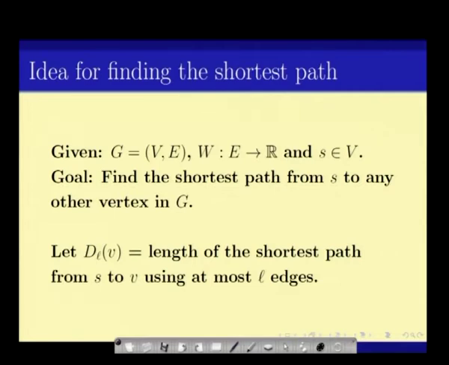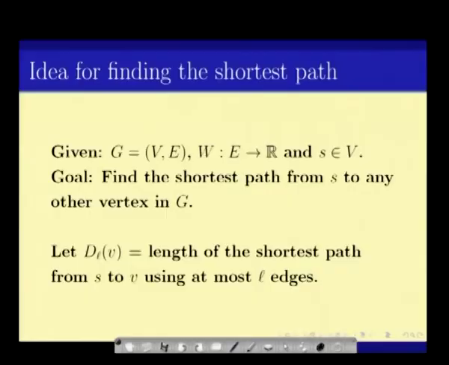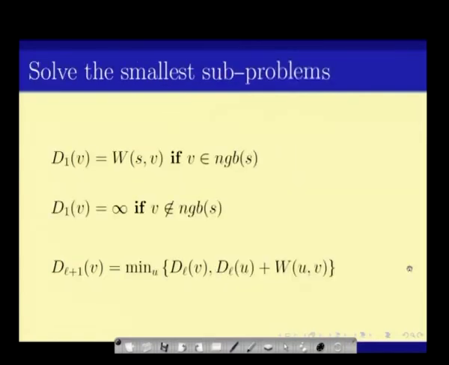Of course, what question are we asking in general? What we are asking is, what is the shortest length from S to any vertex, and the number of edges in a shortest path will always be at most n minus 1. So, the final output that we want is d_{n-1}(v) for all v. But this is where the beauty of this definition lies. For example, say what is d_1(v), meaning what is the shortest distance from S to V using one edge.